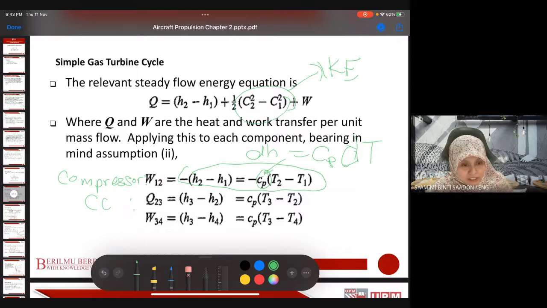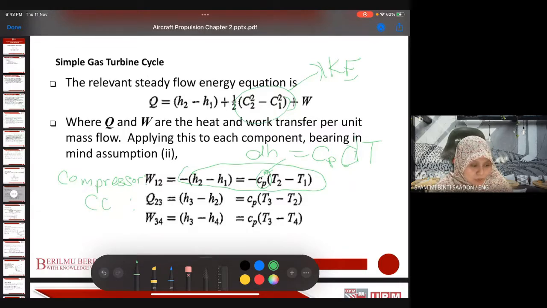There is only heat transfer between the inlet and outlet, because we transfer heat from the hot fluid heat source to the cold fluid, which is the working fluid inside the gas turbine cycle.